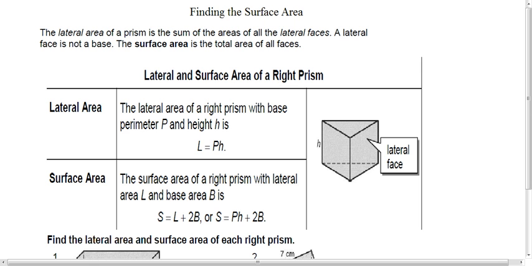When we look at finding these surface areas, if we look at packaging and we see a box that is wrapped really nicely, but the top and the bottom of the box are not, then we're talking about the lateral part of the surface.